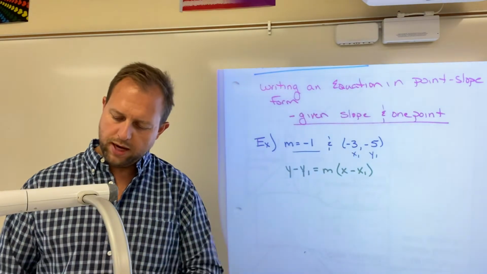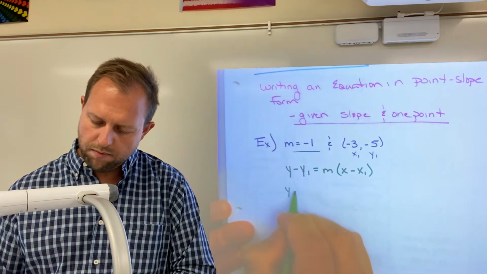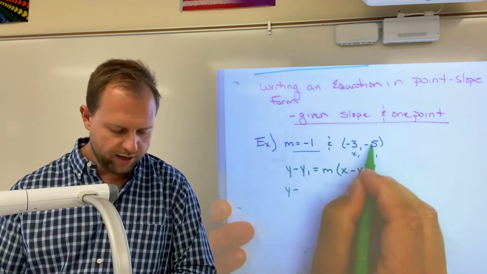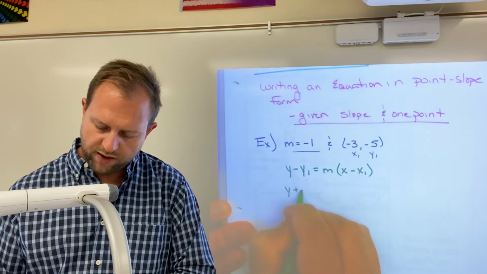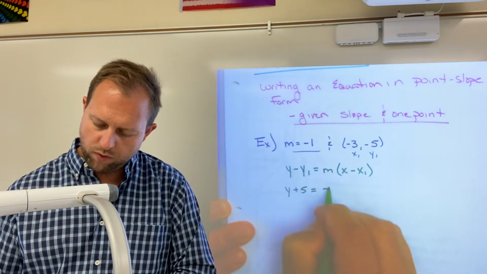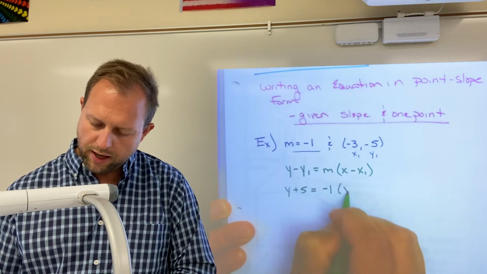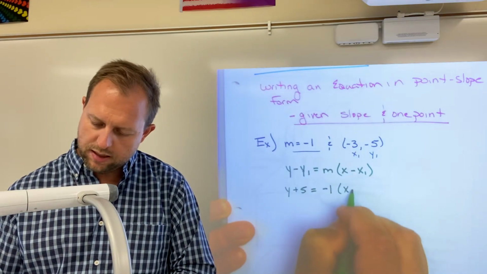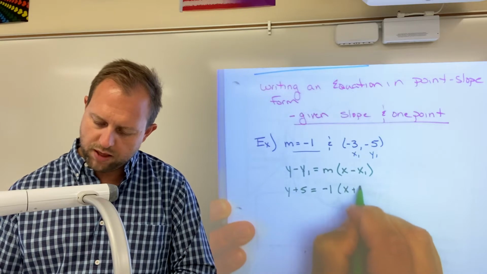And we simply plug in: y minus a -5 is y plus 5 equals m, which was -1, times x minus the -3, which is x plus 3.